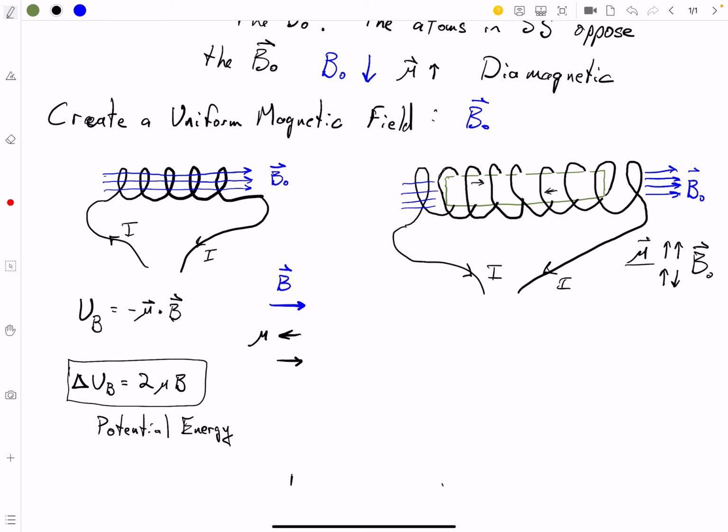Now, there's the thermal energy that, because it's at room temperature or whatever, wants to knock it all around. We're going to call that U_KT. Well, for hydrogen, U_KT is about, at room temp, 4.1 times 10 to the minus 21 joules. Okay? And I'm using hydrogen, so what does that mean?